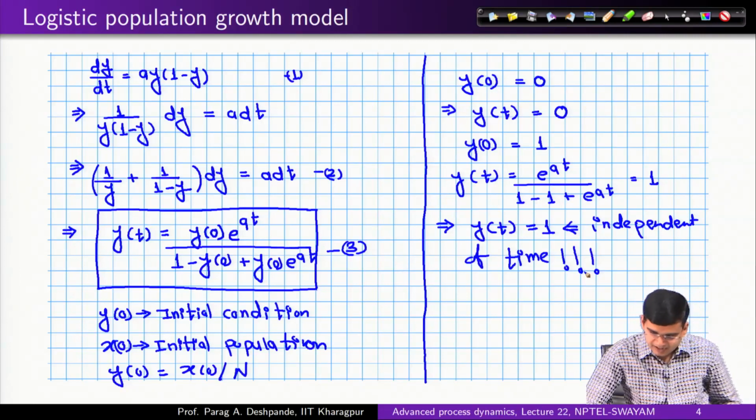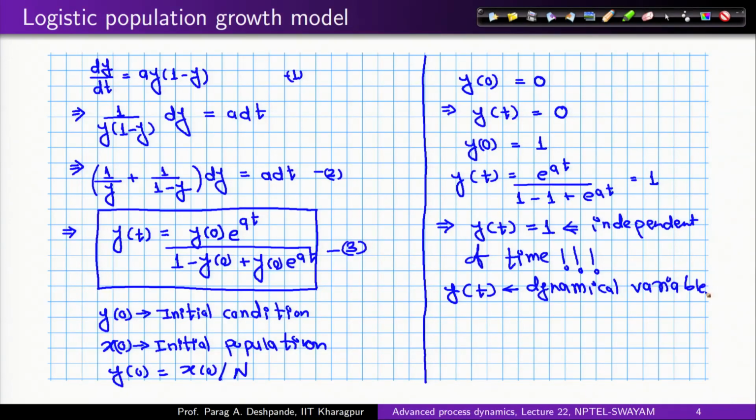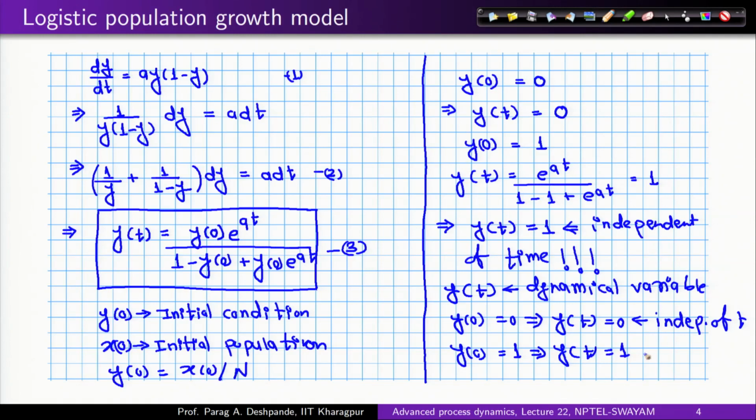Remember that y of t is my dynamical variable, which means it should be a function of time, but y 0 is equal to 0 results in y of t is equal to 0, which means independent of time, and y of 0 is equal to 1 results in y of t is equal to 1, which again means your system is independent of time.